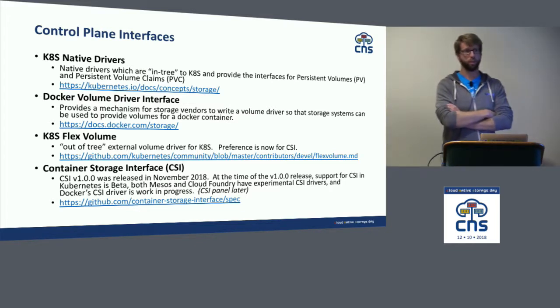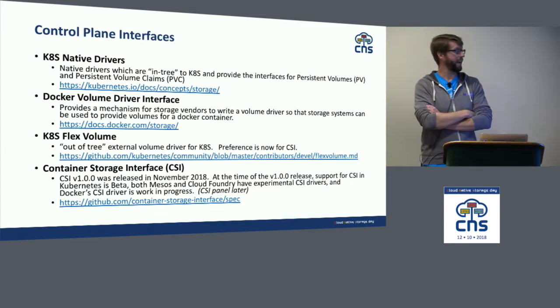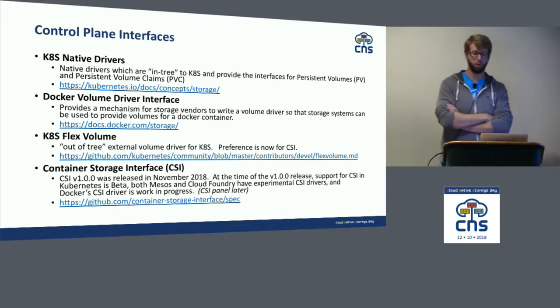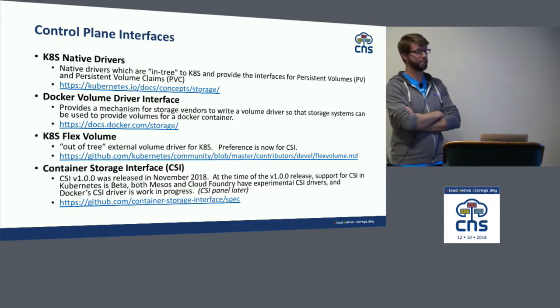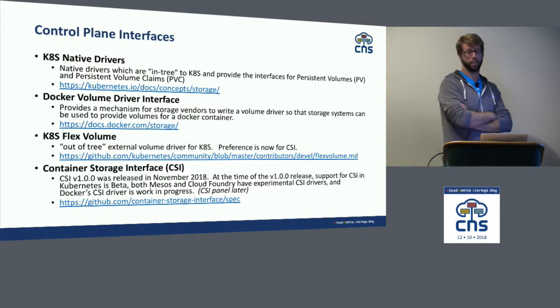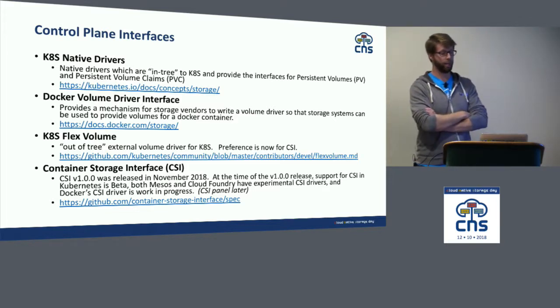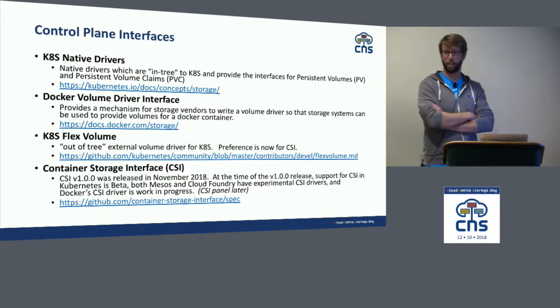Since it's out of tree, it's not tied to Kubernetes releases at all. You can ship changes to it or bug fixes on your own time, your own process. So that's nice. But this is a deprecated interface now in favor of CSI, the container storage interface.